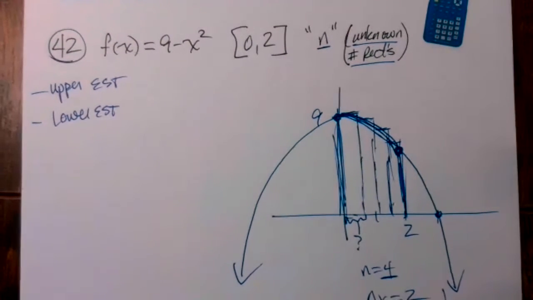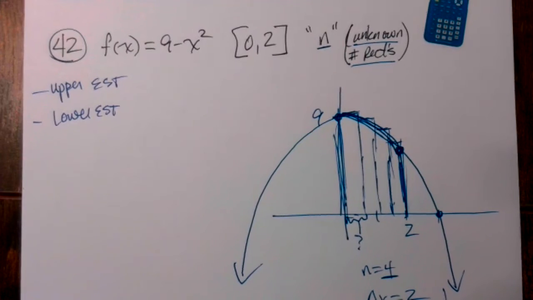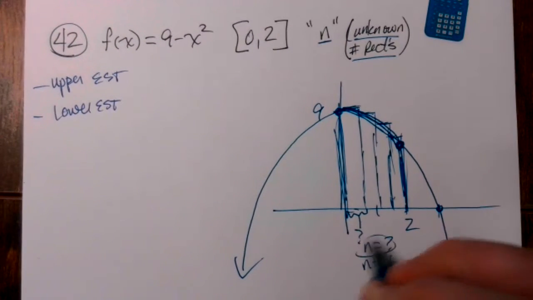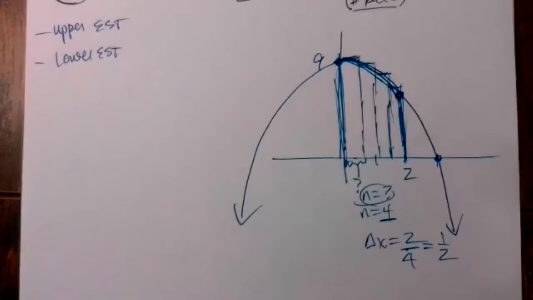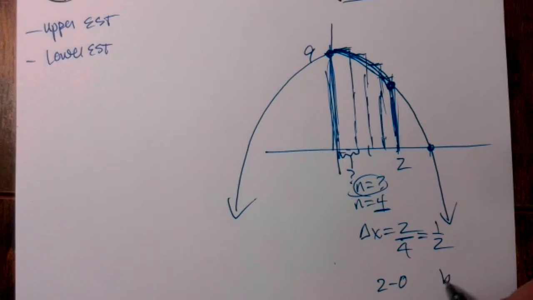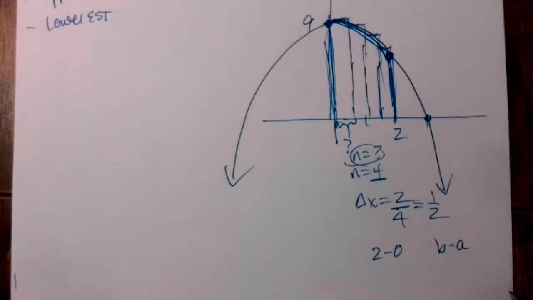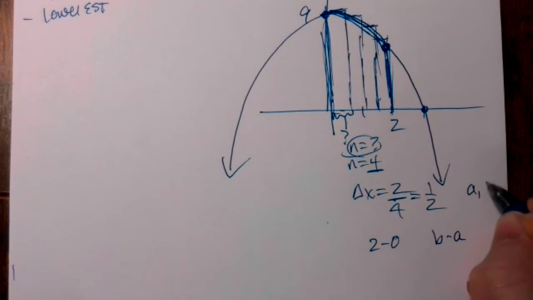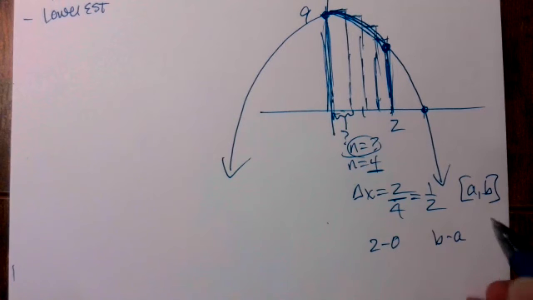If I take that same logic, because I don't really know what n is, I'm going to do 2 minus 0. I'm going to call that b minus a, since I'm going from a to b. The distance between those two would just be the subtraction.